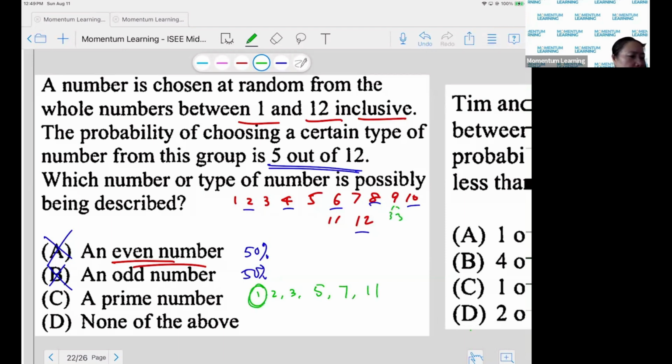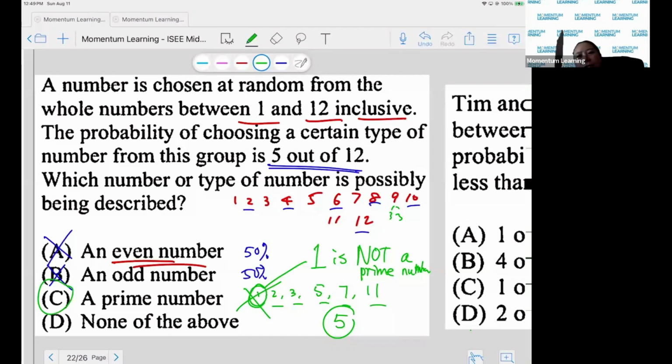But remember, 1 is not a prime number. This is very important. So the prime numbers are 2, 3, 5, 7, 11. We totally have 5. That is correct. This is 5 out of 12.